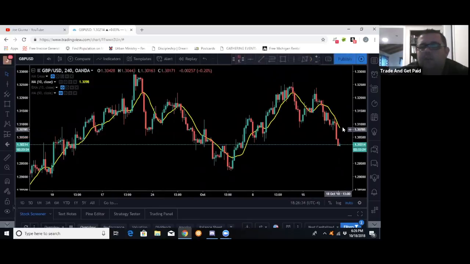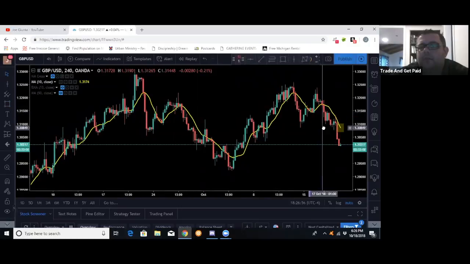Right here, that little circle, let me highlight it one more time. I just want to be real clear. The end of this line, right where that rectangle is, is the average price of the last 10 candles that you see. Okay, so I hope that makes sense.